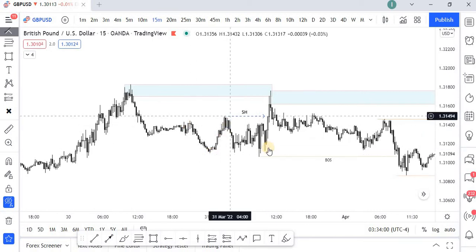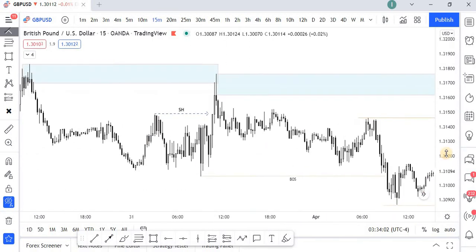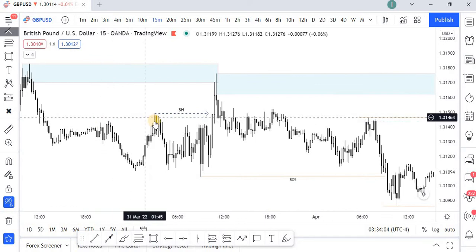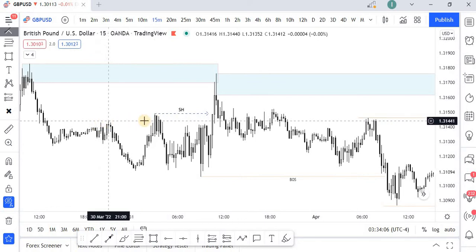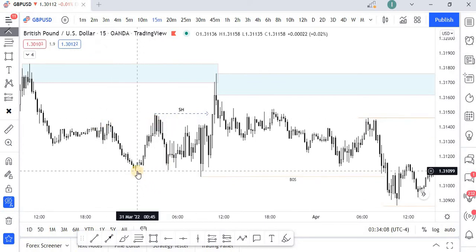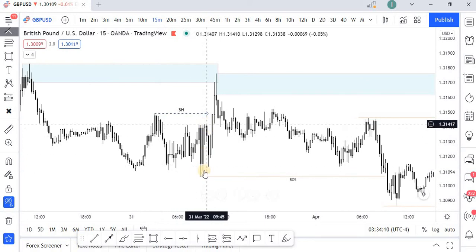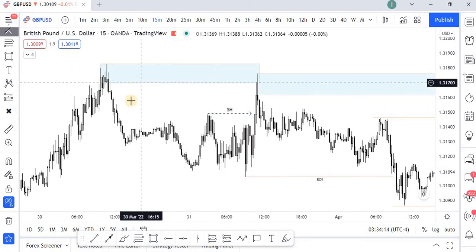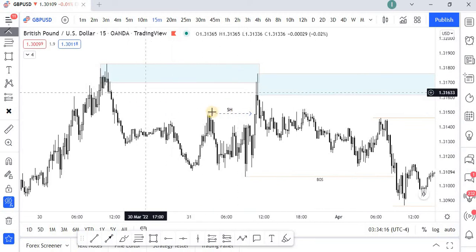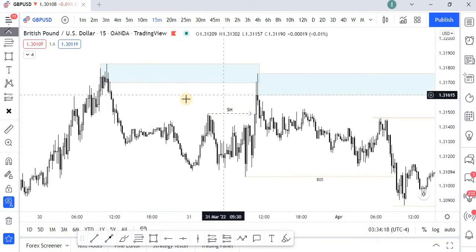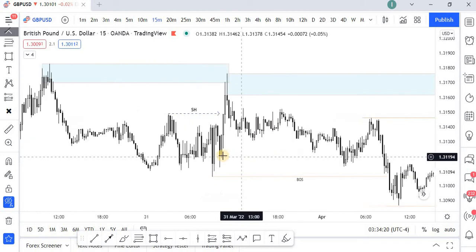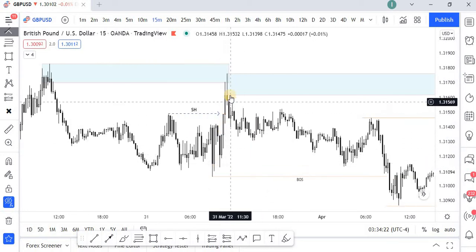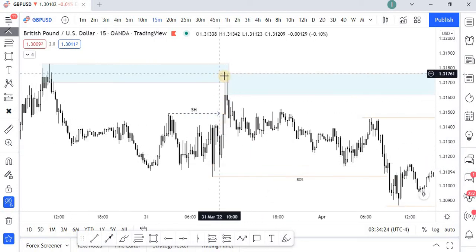We expect that after this move cleared this liquidity here, and we have a break of the structure here, we expect price to continue. But then look, we have a large pool of liquidity lying above here, and that is exactly the intention of this move, to clear all this liquidity.